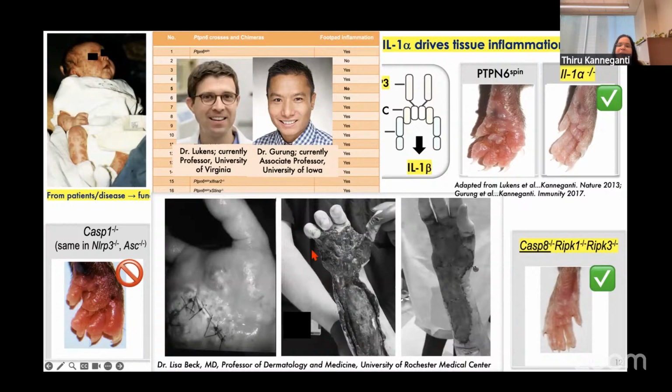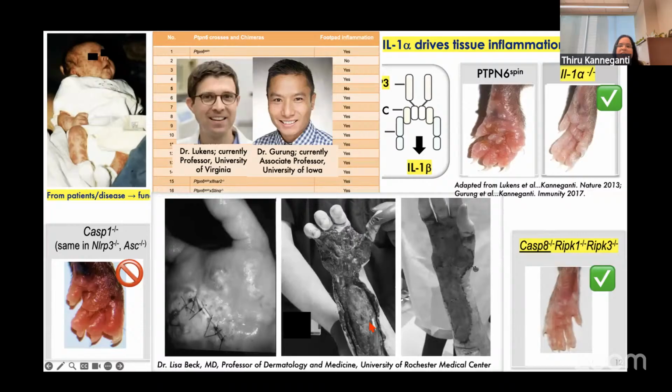So at that time, I got a call from a dermatologist, Dr. Lisa Beck, and a patient came in with this lesion. They thought he got infected, but they couldn't find any infectious agent contributing to this. While they were testing all different conditions and infectious agents and cleared that there is no role for infectious disease, this person almost lost his finger and was very close to amputation.